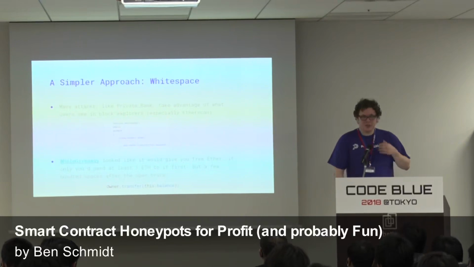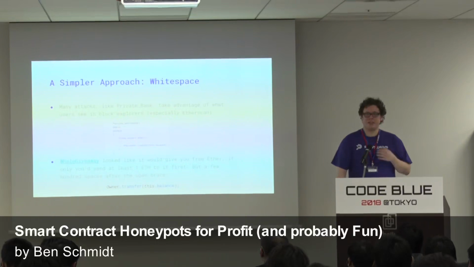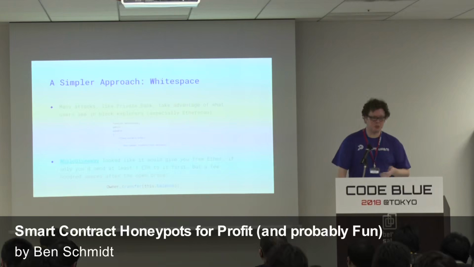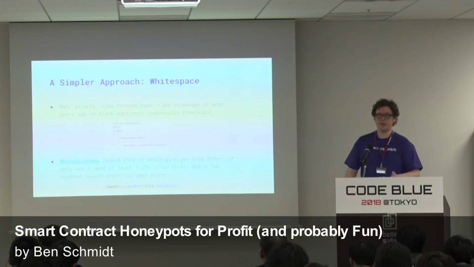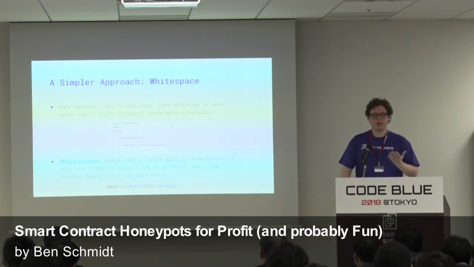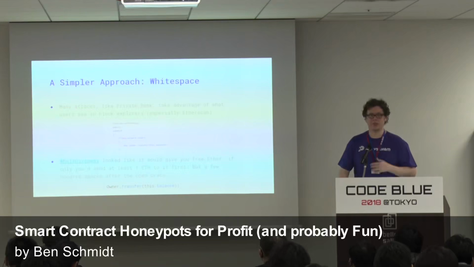That's a more technical attempt to steal people's money, but there are a lot of simpler approaches that people have taken. Another one that took advantage of some errors in displaying in Etherscan was whale giveaway. In this one, they deployed a contract and uploaded the source code again to Etherscan, which validated perfectly.